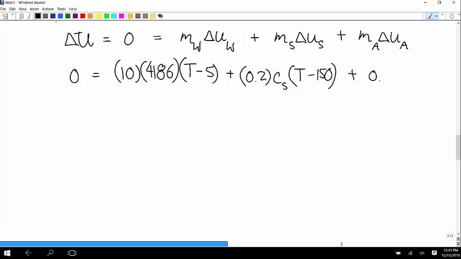And then plus 0.1 times the specific heat for the aluminum times the quantity T minus 20. You could convert all these temperatures to Kelvin and do it that way too. You just don't have to, because these are all differences, so the difference is the same in Celsius and Kelvin. That's one equation for one unknown, so you can solve that for T.